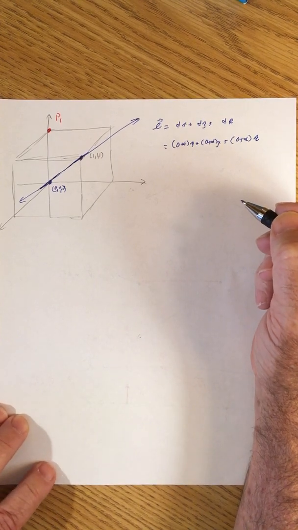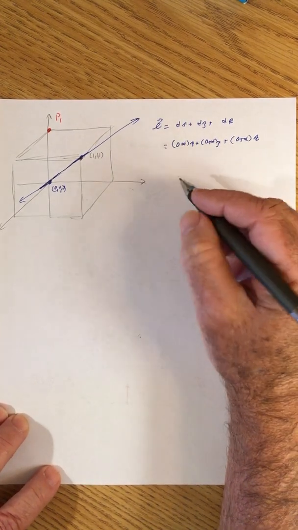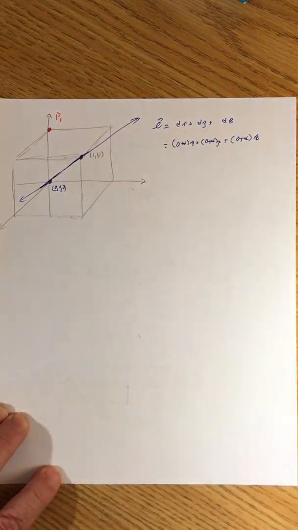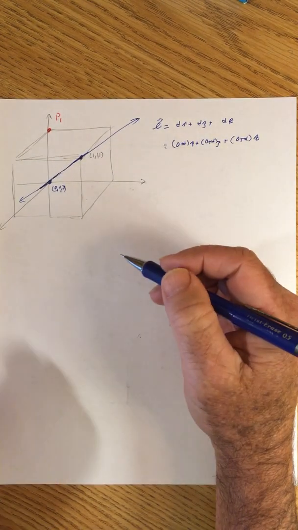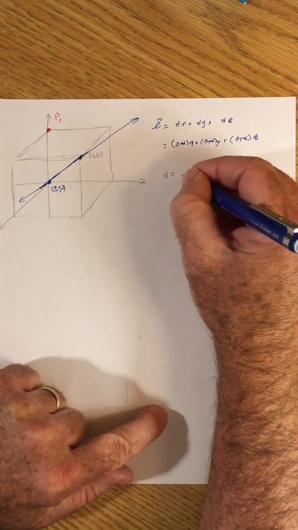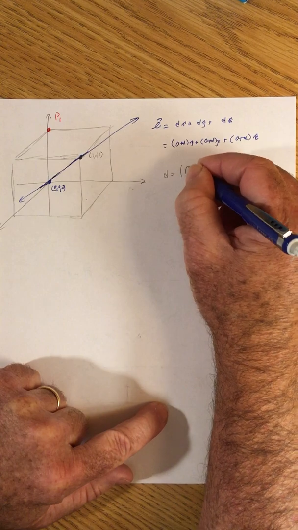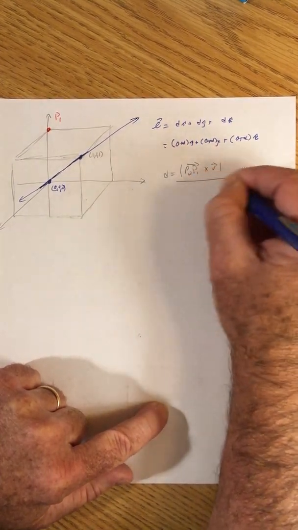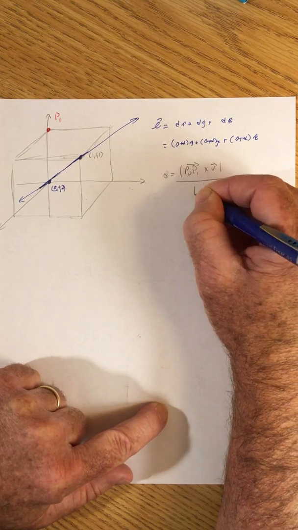Okay. Now, what is the distance between these two things? Well, the formula says that the distance is magnitude P0, P1 cross V over magnitude V.